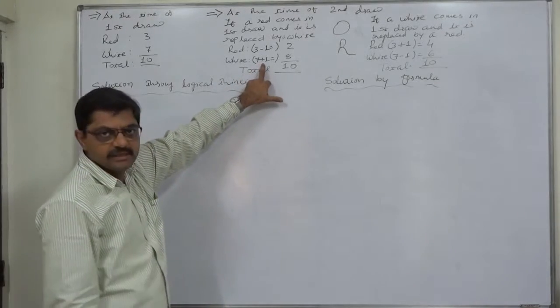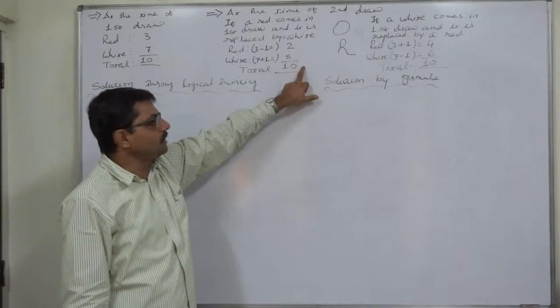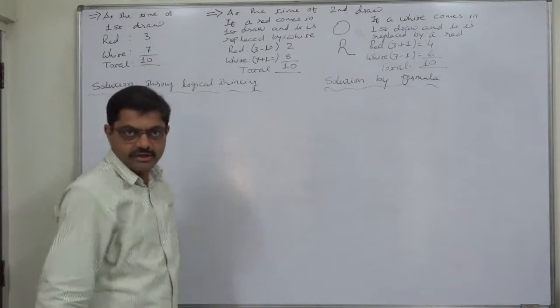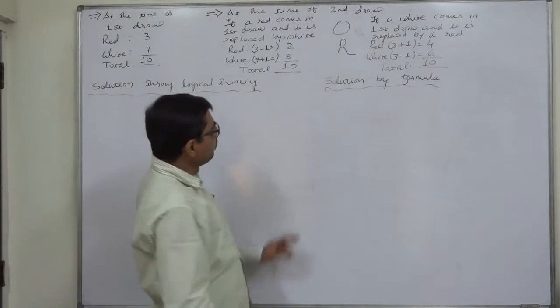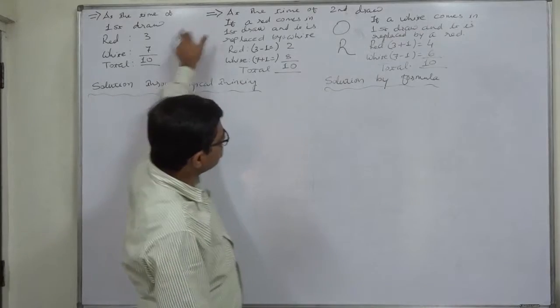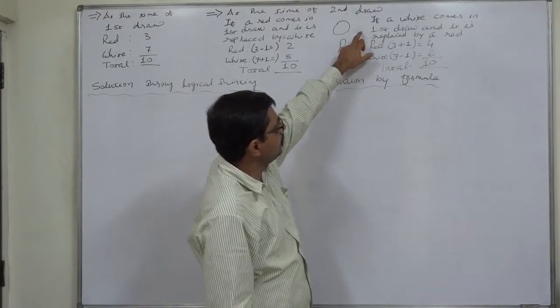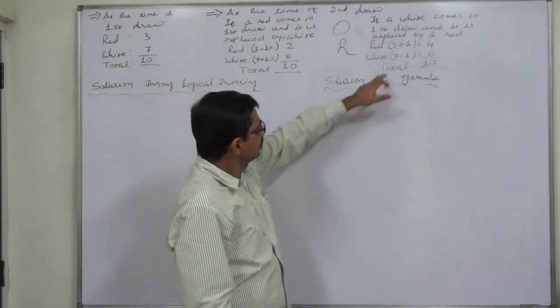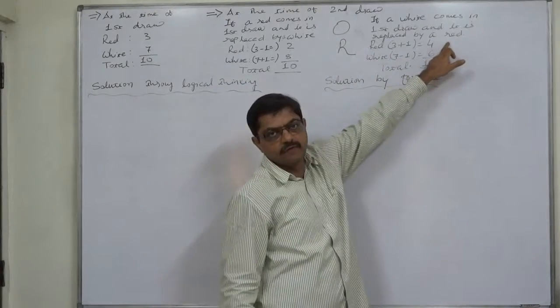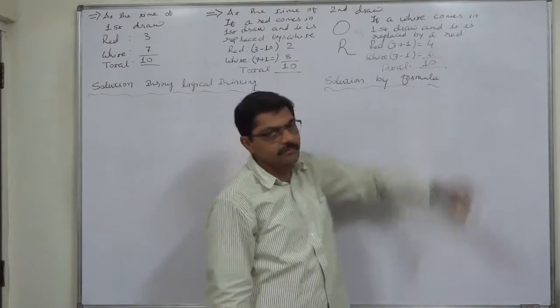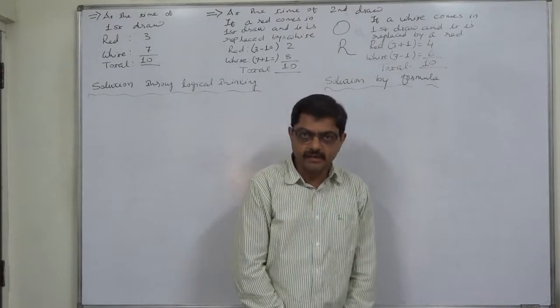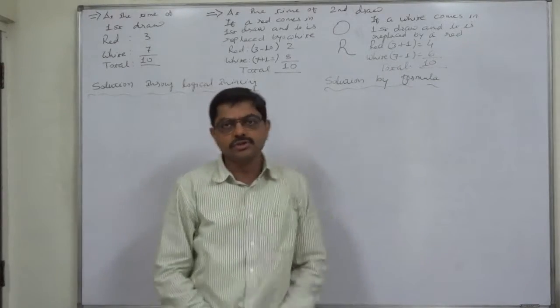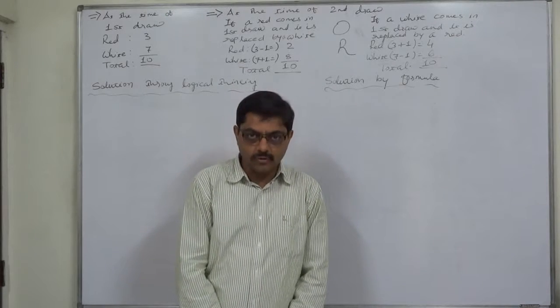So now white will be 7 plus 1, 8 and total 10, and now the second draw is made. Or if we draw white ball in the first draw, then it will be replaced by red before the second draw. So now red will be 3 plus 1, 4 and white will be 7 minus 1, 6 and total 10 balls. This can also be the situation before the second draw.